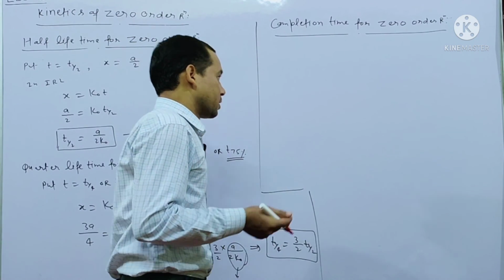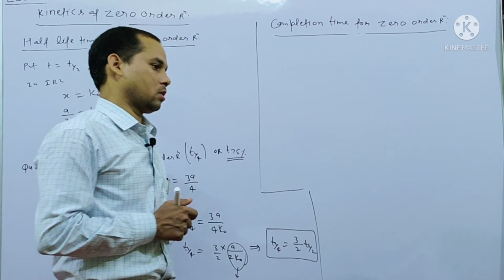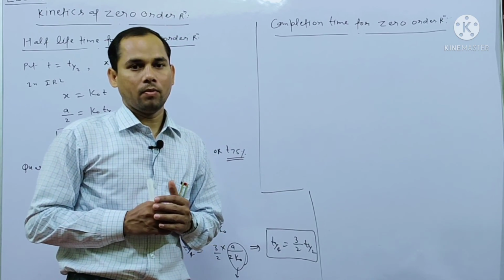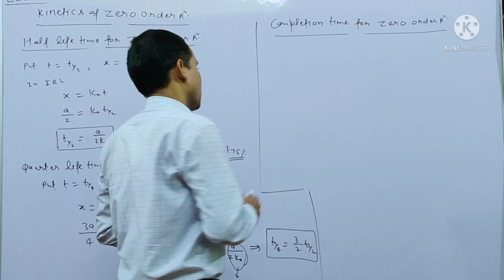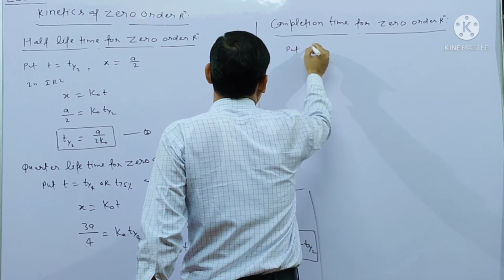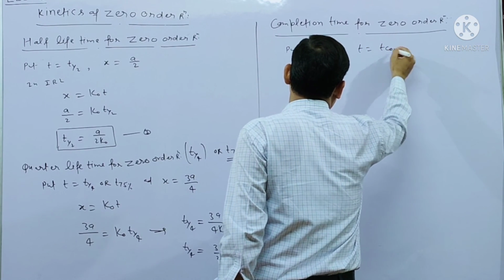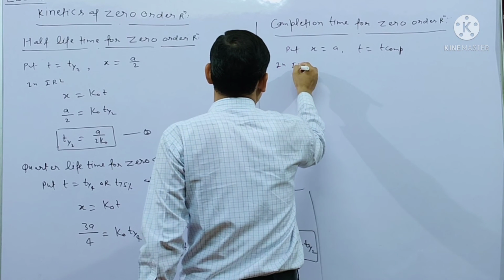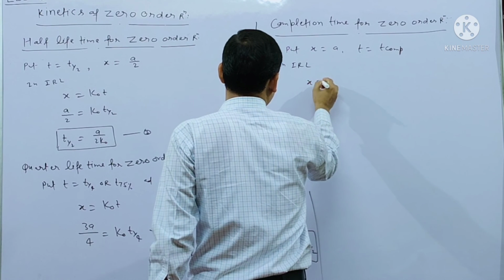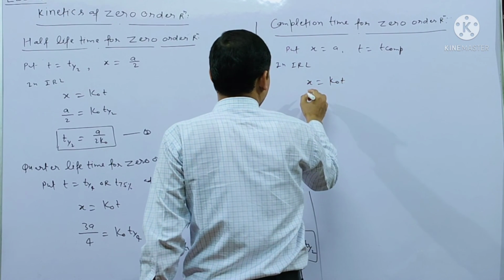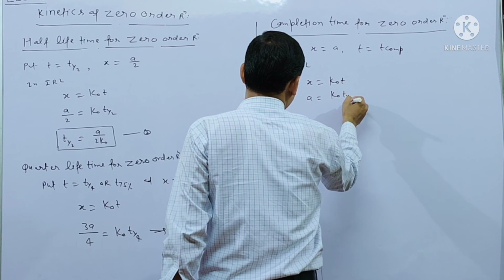So in this case, what is the quantity of x? x means the decomposed quantity of A. A is completely decomposed, so x equal to A. So here we put x equal to A and t equal to T completion in the integrated rate expression. x equal to K naught t, and we put A in place of x and T completion in place of t.